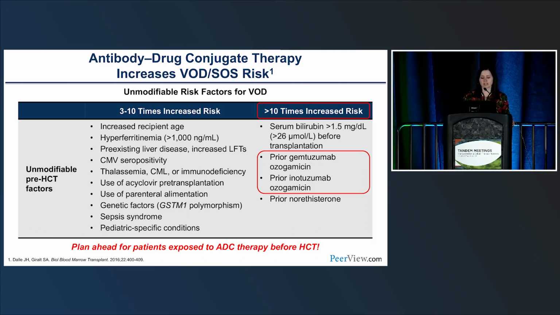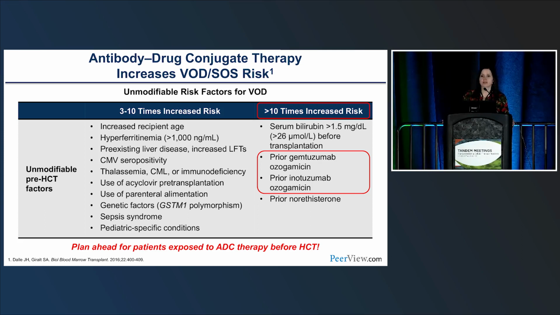We've listed CML, immunodeficiencies, and thalassemia, but in the pediatric world, we also see quite a bit of neuroblastoma and some rare metabolic diseases at higher risk. Also the use of acyclovir prior to transplant, the use of parenteral nutrition, certain genetic factors, which is an area we're learning more about, sepsis, and then at the bottom again, pediatric-specific conditions.